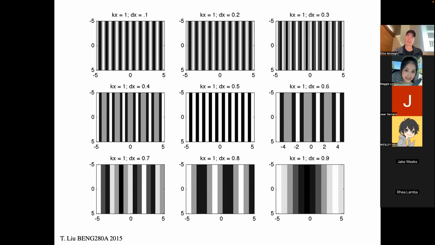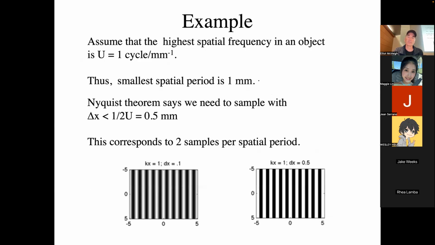And you can play around with this in MATLAB and stuff like that in terms of sampling. So in this case, our U value for the limit, or the band limit of the signal, was simple. This is millimeters, 1 cycle per millimeter.